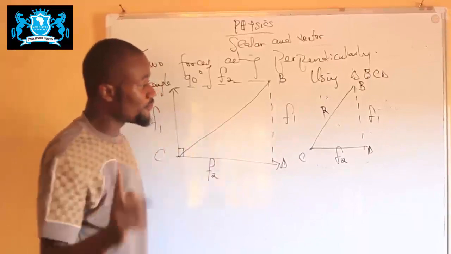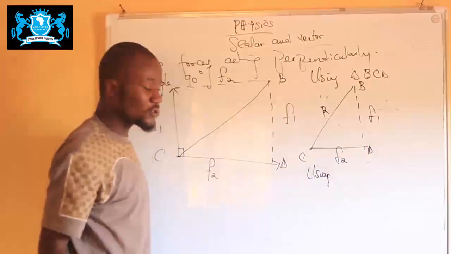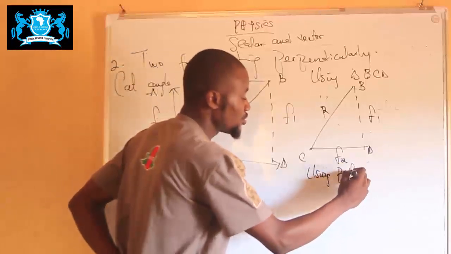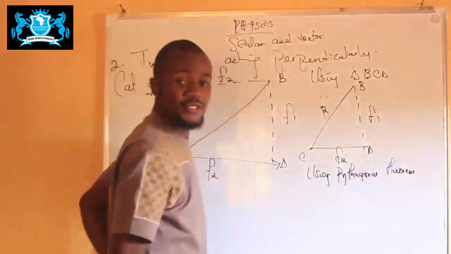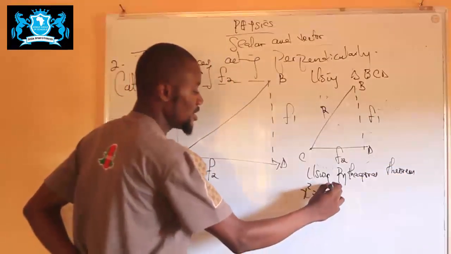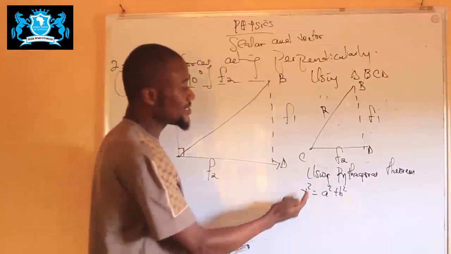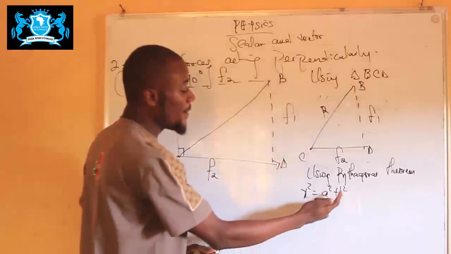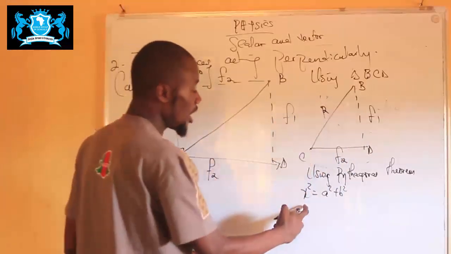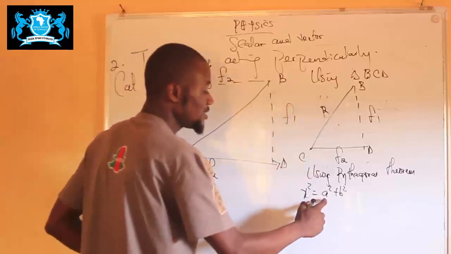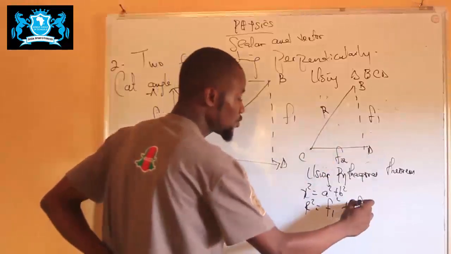Now, using the Pythagoras theorem, you can resolve for the resultant force. Pythagoras theorem says that x squared is equal to a squared plus b squared. And you know that the x in this formula represents the hypotenuse. The a and b can stand for either adjacent or opposite. So x is now R, so R squared is equal to F1 squared plus F2 squared.